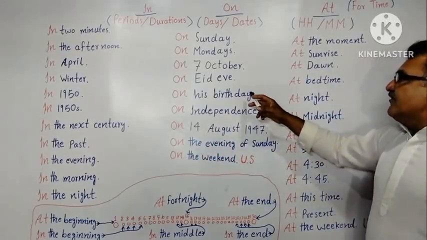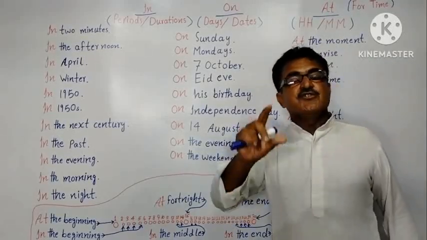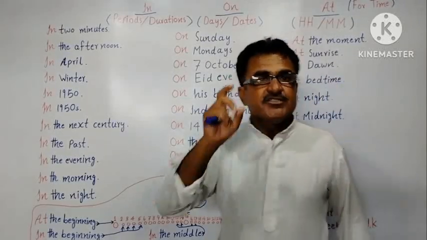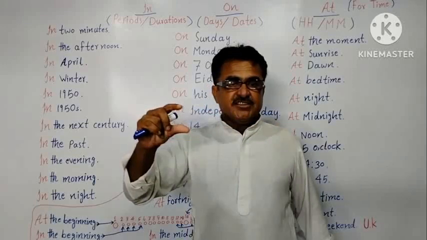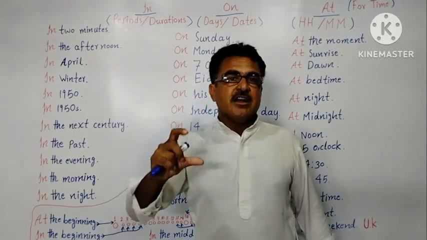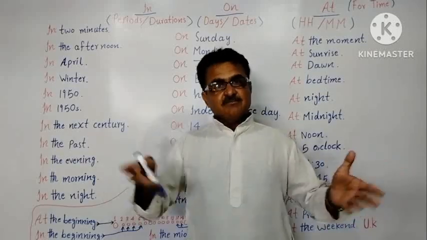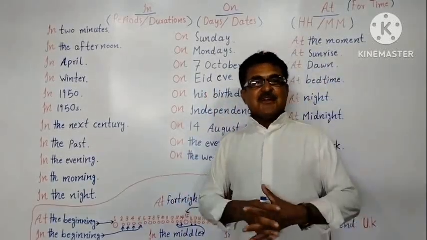Now remember, whenever you use the word Sunday, Monday, a day word, in your sentence, then you must use on. Sometimes there can be exceptions. As I said before, this is English, you know, so anything can happen in this language.